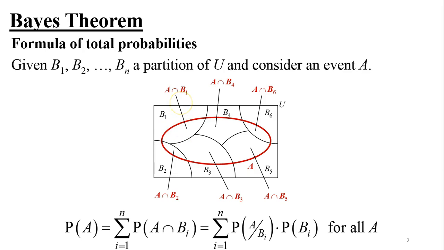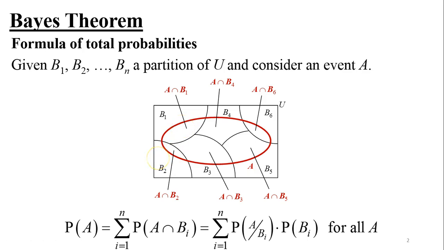Okay, but as you can see here, A intersects at least one of the events forming the partition of U. So we have here A inter B1, we have here A inter B2, we have A inter B3, etc. So according to the formula of total probability, the probability of A is the sum of the probabilities of the intersection of A with each of the events in the partition of U. Even if A inter B1 is empty, its probability is 0, so it will not affect the sum.